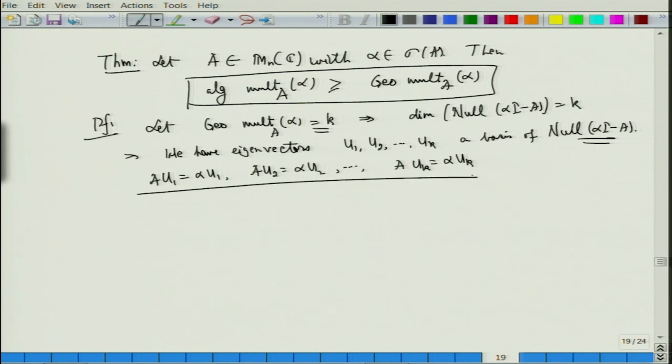Now u1 to uk is a linearly independent set in Cn over C.